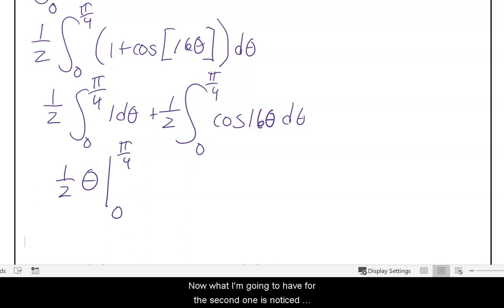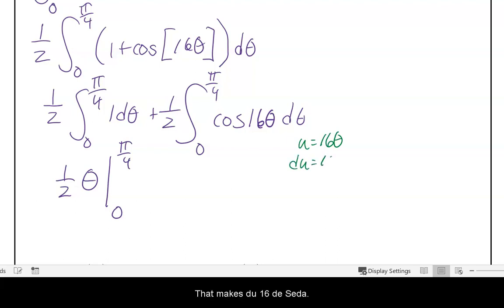Now, what I'm going to have for the second one is, notice that it is, in fact, u substitution. Now, what I need to do is find u. If I'm going to let u be the argument to the trig function, that would be 16 theta. That makes du 16 d theta. If I want to do method 1, I need to change the limits of integration from theta values to u values.